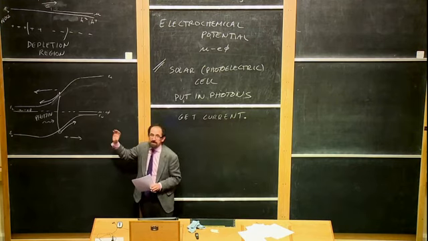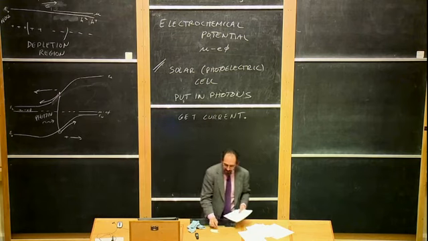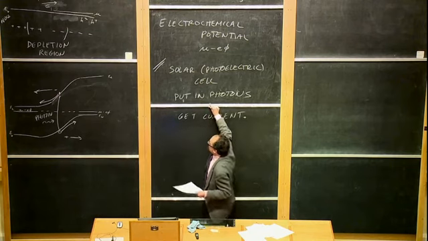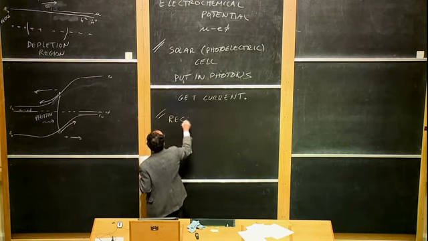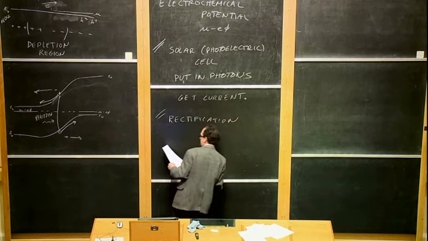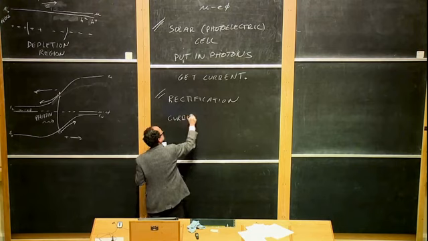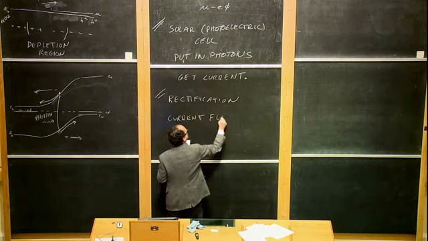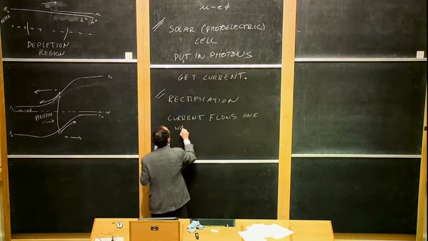What he discovered was the same device, but he discovered another effect that these things have, which is maybe equally interesting, which is the effect of rectification, which means that current flows one way, but not the other.